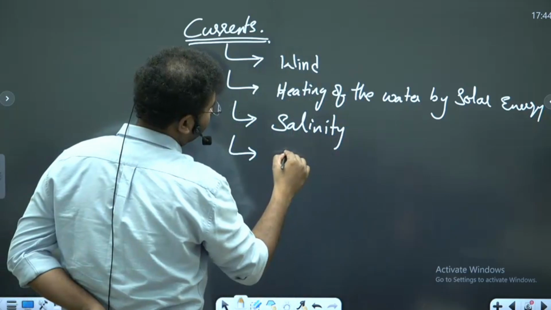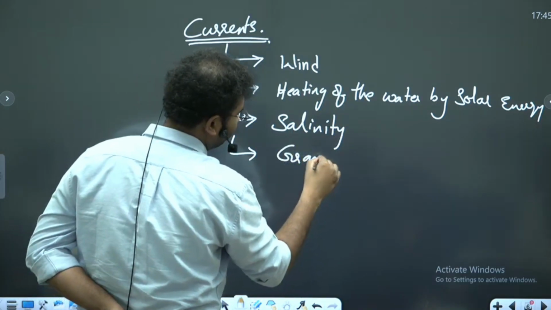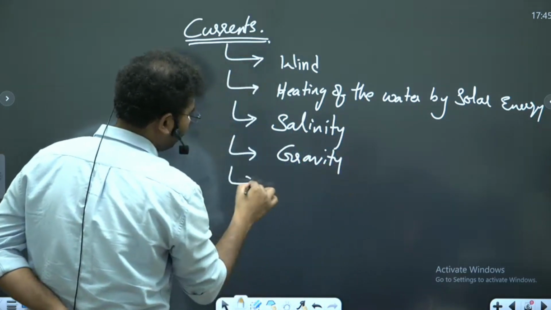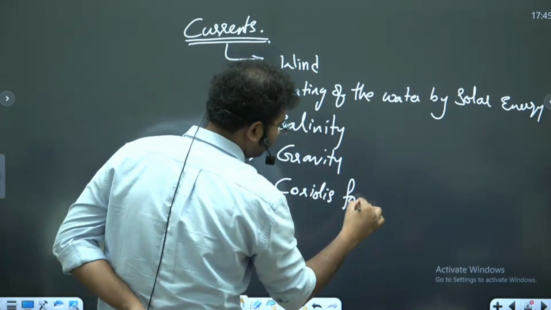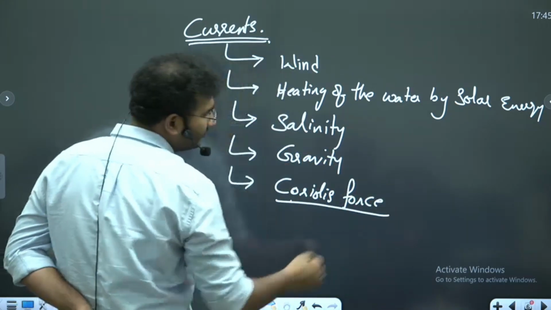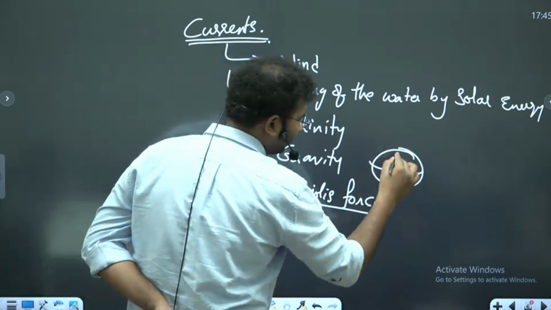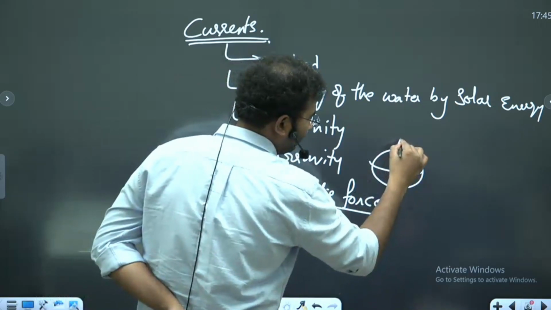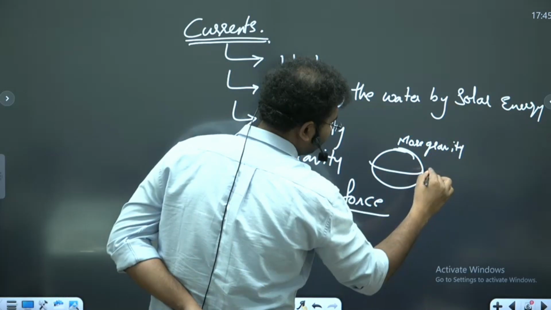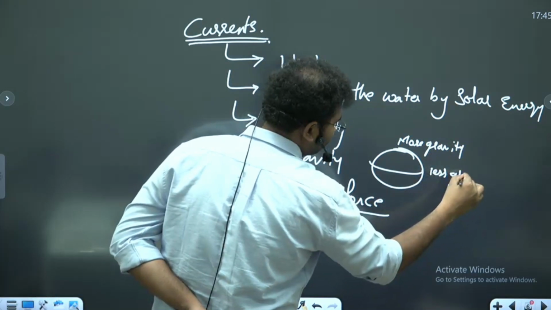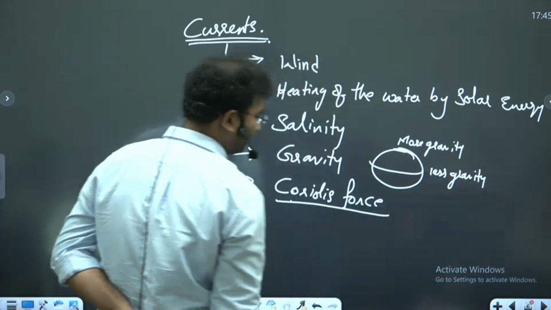Next, gravity. And where do you have more gravity? Equator or poles? More gravity at the poles, and less gravity at the equator.